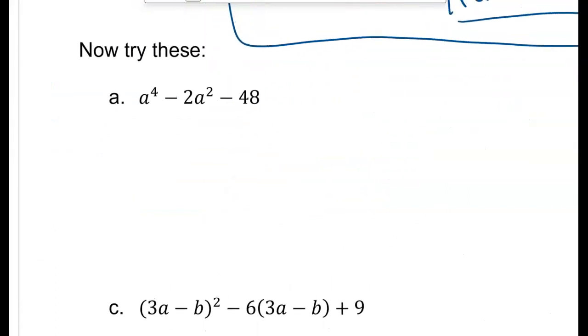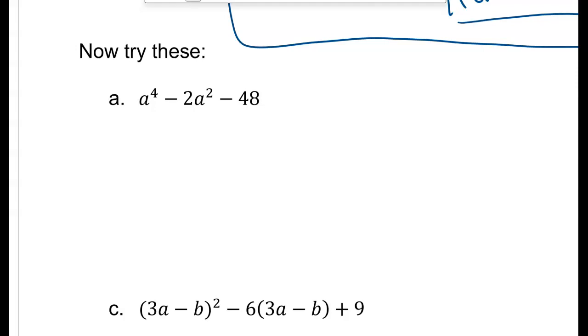Okay, on this first one, we have a to the 4th minus 2a squared minus 48. All right, with this one, again, a lot of people freak out, but we know it is 3 terms, so we're still going to have to try our logical trial and error. But I don't have a squared term. I have a to the 4th. So what do? Let u equal what?